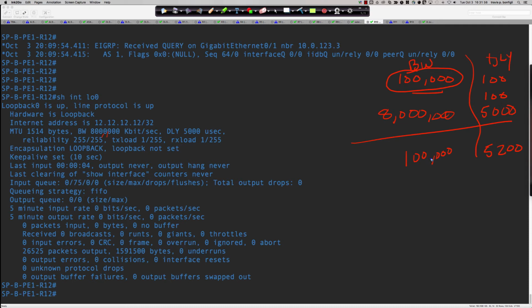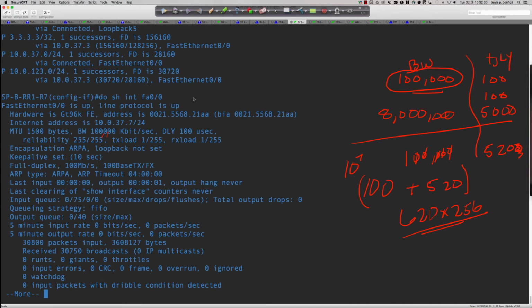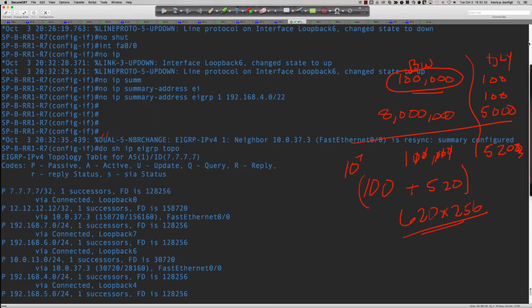So now this 100,000, remember I've got 10 to the 7, so I would take away 1, 2, 3, 4, 5 zeros from my 10 to the 7, leaving me with 2 zeros after it, and then divide this by 10, so I get 100 plus 520, and we're going to run this through the Python script. So I get 620 times 256. And that should give me the cost that we see over here on router 7. And actually if I scroll back up just a skosh, we should see this, 158,720.